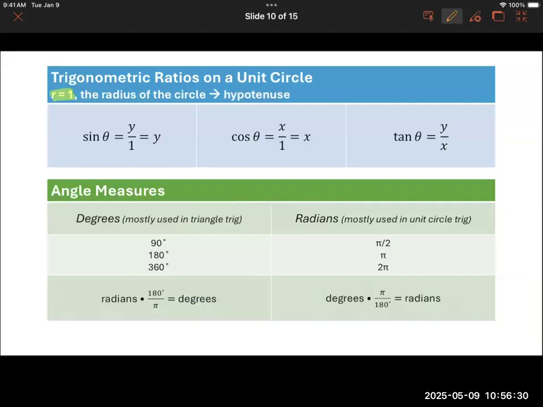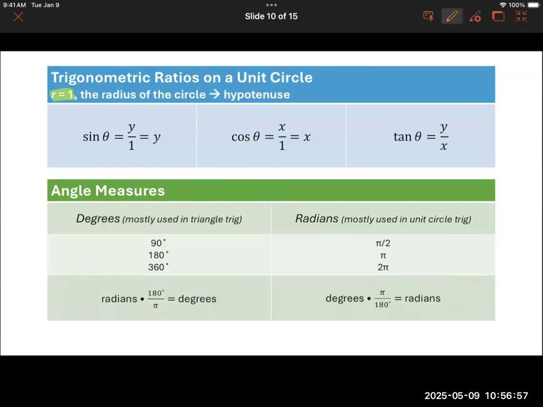The other thing we need to realize is that as we move into how trig works in a unit circle, we generally start using radians instead of degrees. Degrees and radians are both ways of measuring angles, just like we have inches and centimeters to measure lengths.